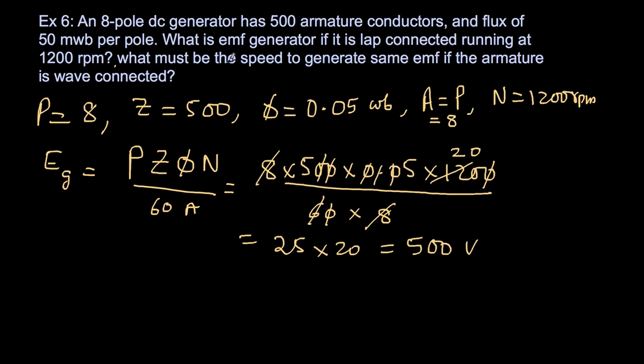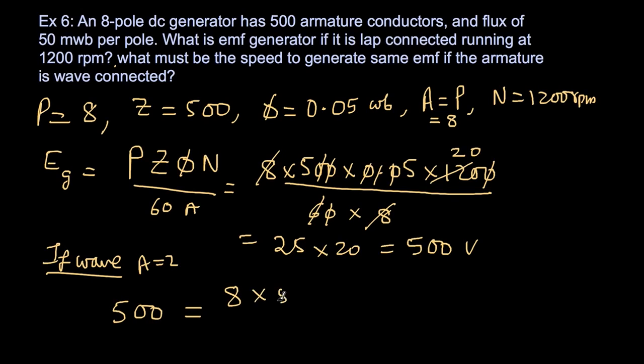Let's continue. What must be the speed to generate the same EMF if the armature is wave connected? If wave connected, then A equals 2. Let me substitute. I want to generate the same voltage of 500, the poles are 8, conductors are 500, flux is 0.05, and the speed I don't know.